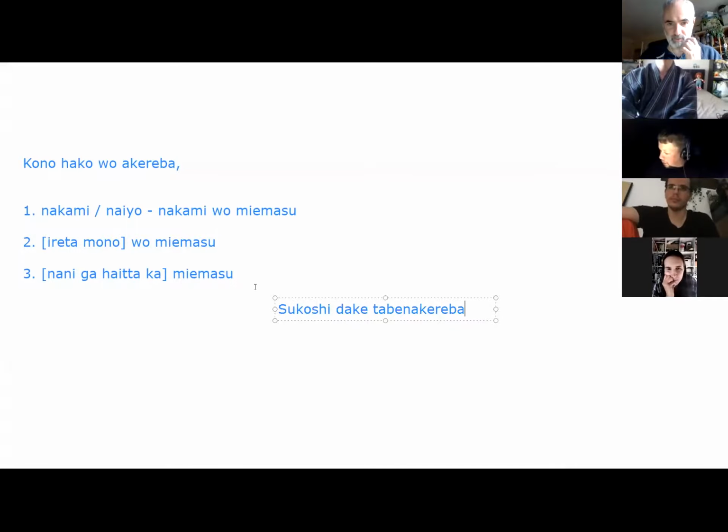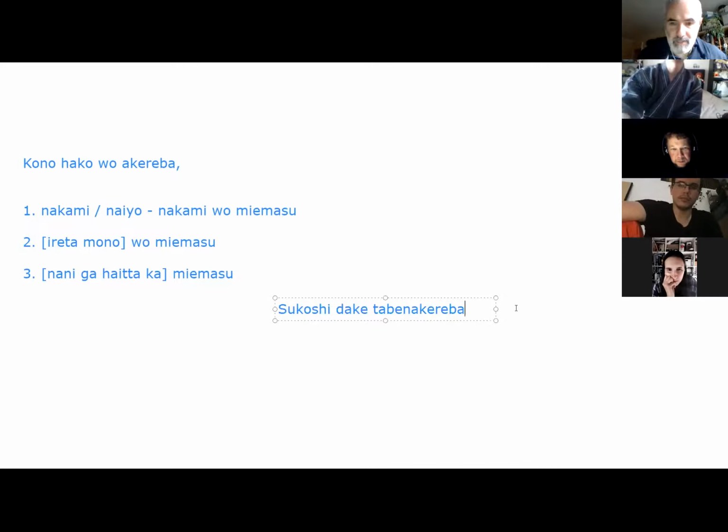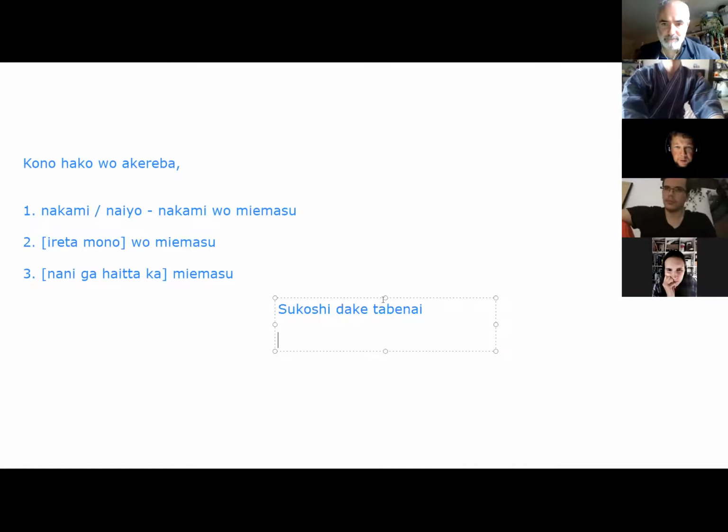Okay, so that's what Aga said, right? Skoshi dake tabenakareba. This dake means only. I've just simplified the sentence to say, I will only eat a little bit. Skoshi dake tabenai. Now, when you're saying this, if this verb here is a negative, you don't use dake.